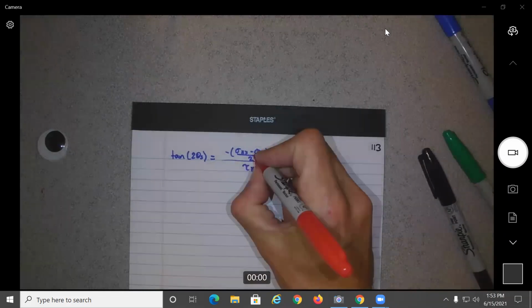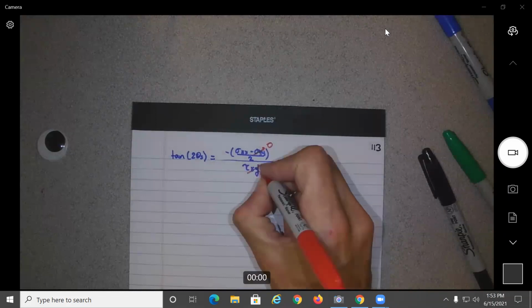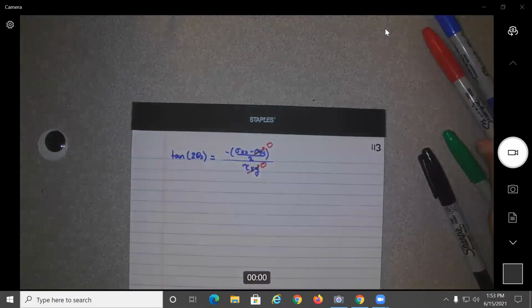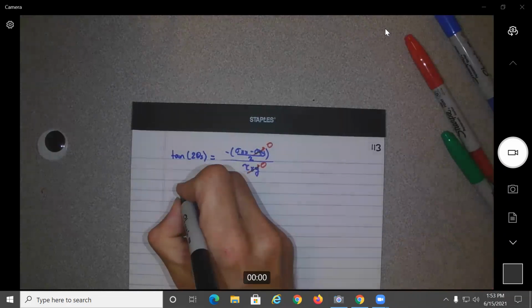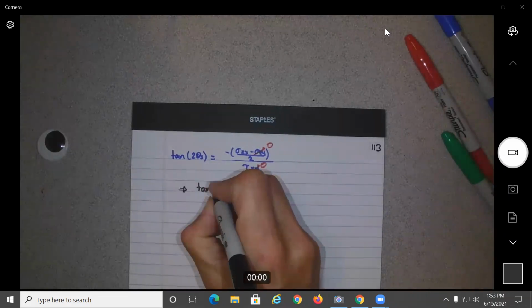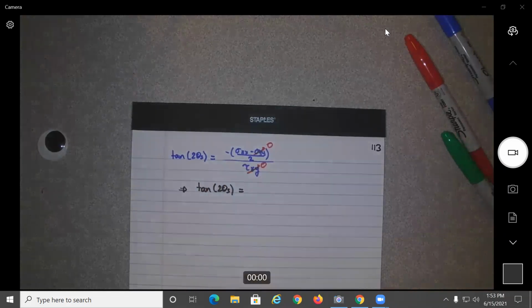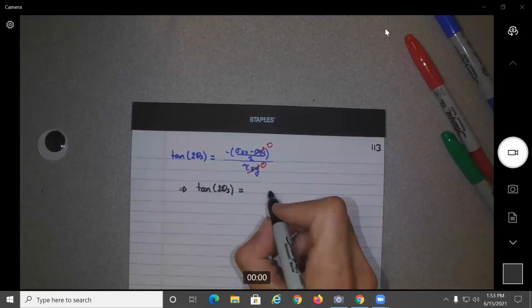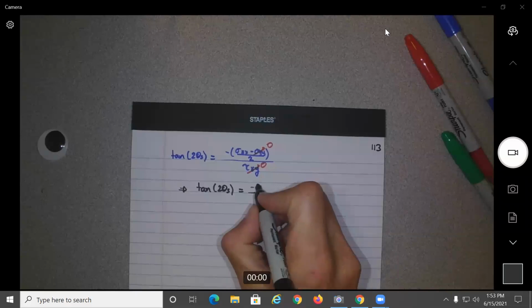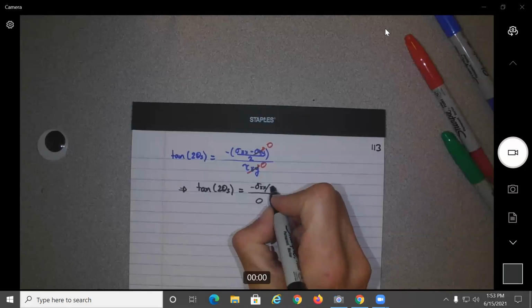Where this is 0, this is 0. So this gives tangent of 2 theta s equal to minus sigma xx divided by 2.